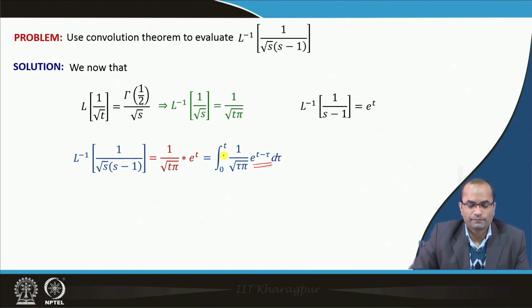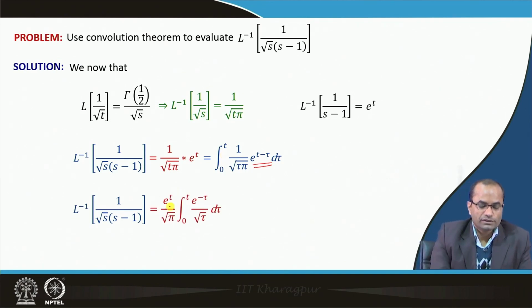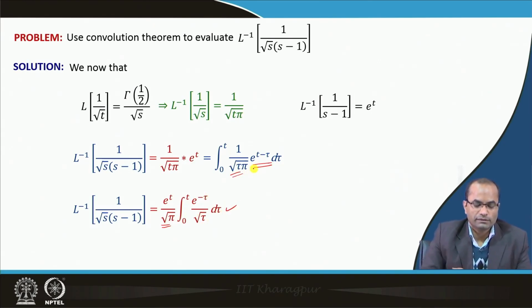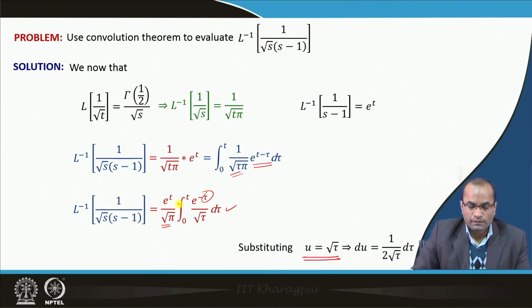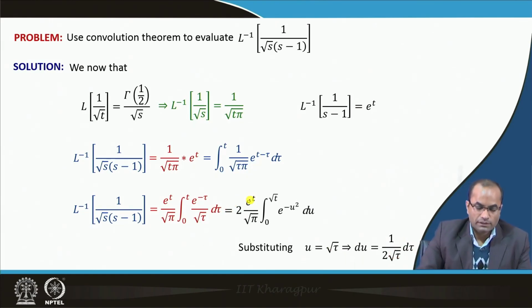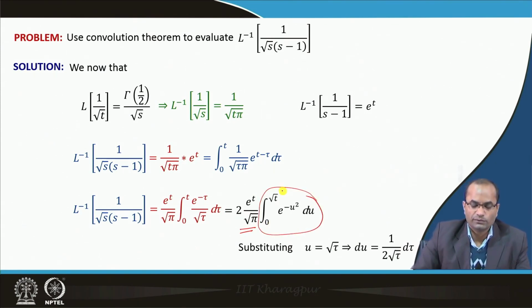So, e power t can be taken outside. We have e power t times 1 over square root pi and e power minus tau over square root tau d tau, that is the remaining portion here. If we substitute u equal to square root tau, then du gives d tau over 2 square root tau, so 1 over square root tau d tau will be 2 du. After substituting this, we get 2 e power t over square root pi, and the integral from 0 to square root t of e power minus u square du.